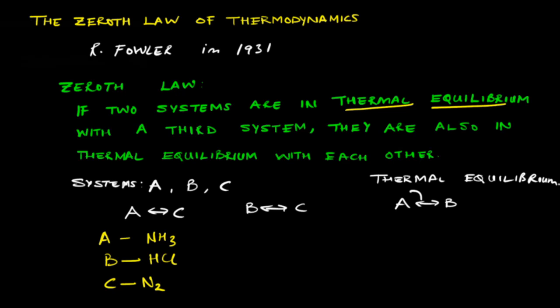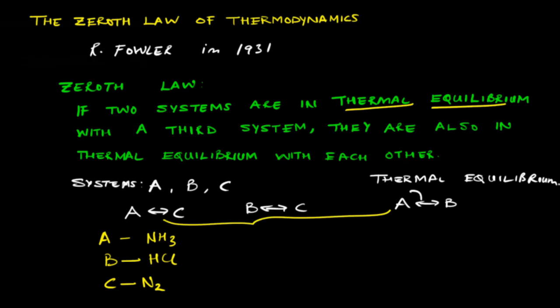However, if we have A and B together, then they will react rapidly with each other. So that's why they will not be in chemical equilibrium. That's why when we talk of the zeroth law, we talk only in terms of thermal equilibrium and not thermodynamic equilibrium.